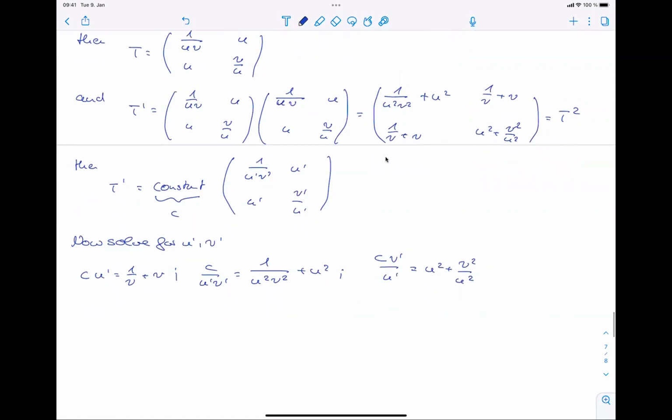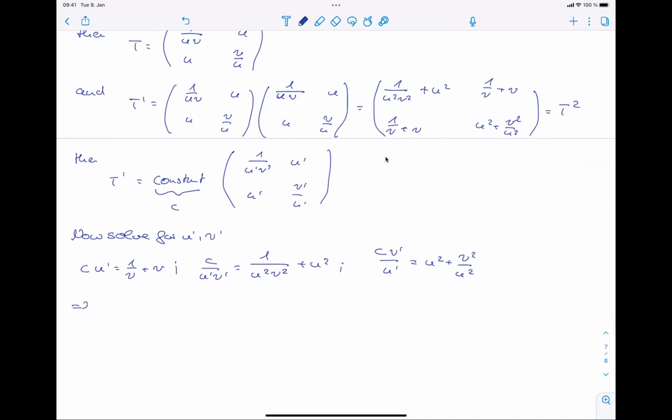And without going into the math, let me show you the result, which is v plus 1 over v.